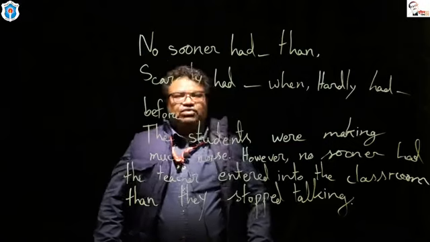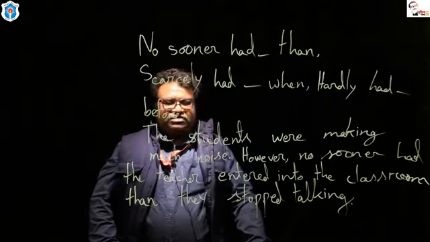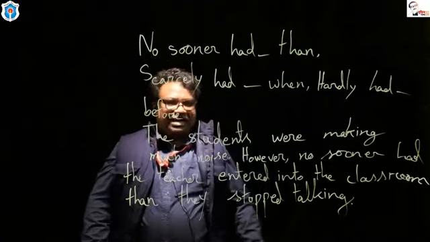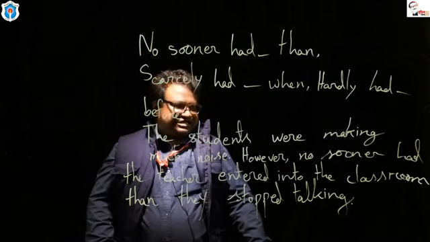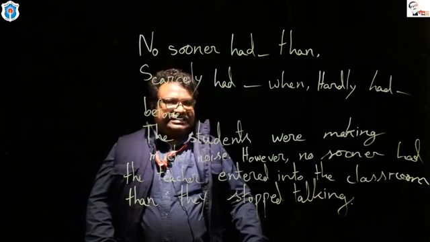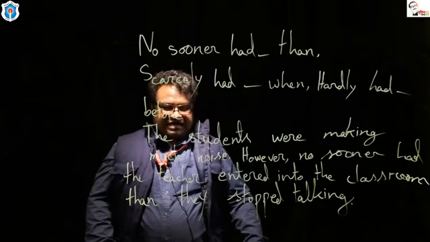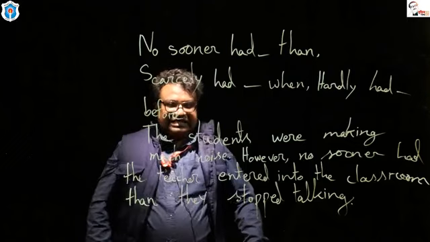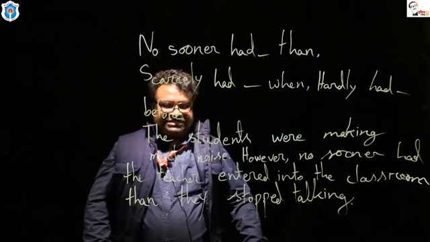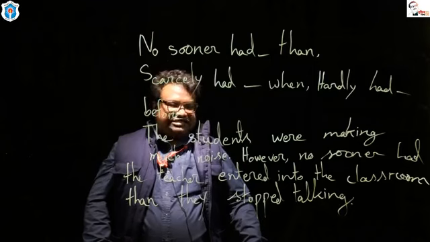Similar structure will occur when, suppose, just think, here we have not used no sooner, we have used scarcely. Scarcely had the teacher entered into the classroom, then we will use when plus the subject they, then the past form of the main verb, that is stopped, then the extension.